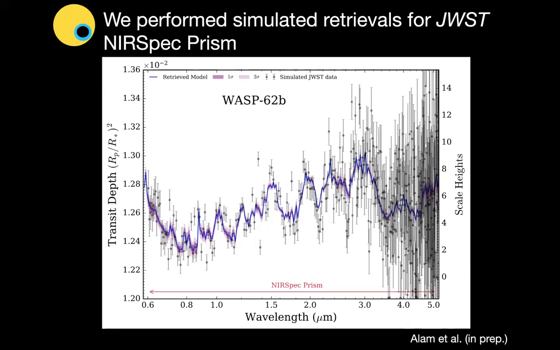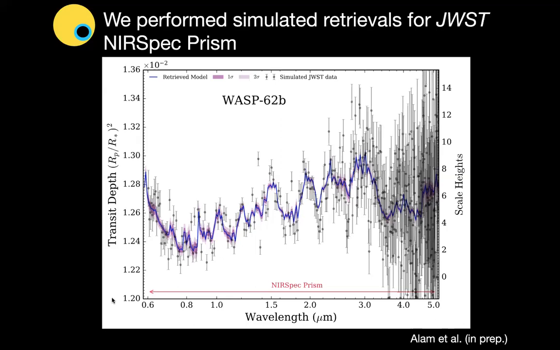So the model included some sodium, some water, some ammonia, some FeH, and some SiH. And then we simulated JWST observations with PandExo for one transit of WASP-62b with NIRSpec Prism, which provides spectroscopy from around 0.6 to 5 microns.